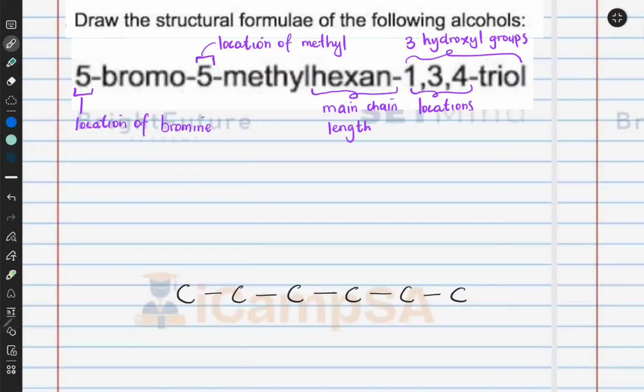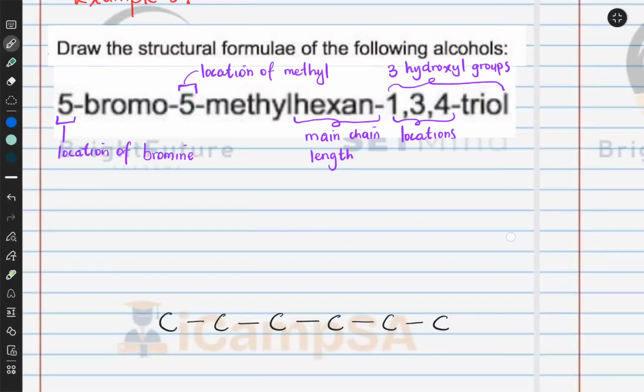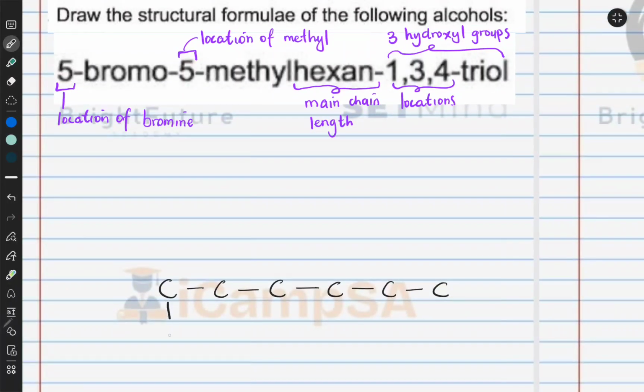Let's start by populating it with the hydroxyl groups. The first one is here, carbon atom number 1, OH. The second one is on carbon atom number 3. In fact, let me make them on one side so it's easy to deal with them. And the last one is on number 4.